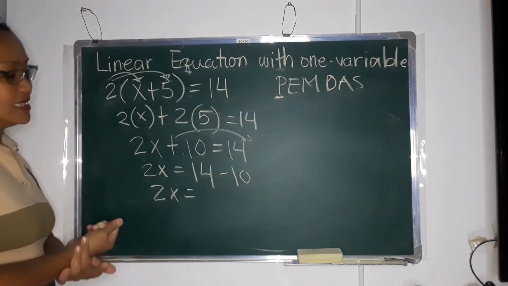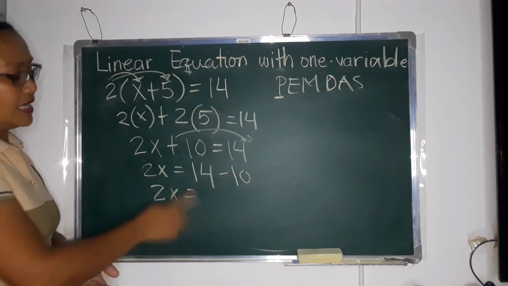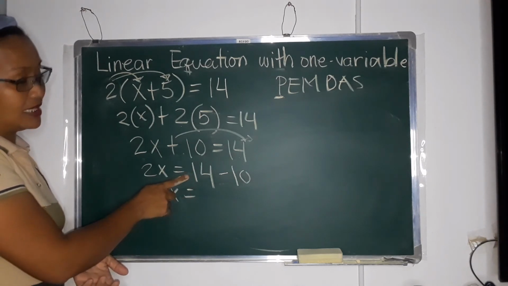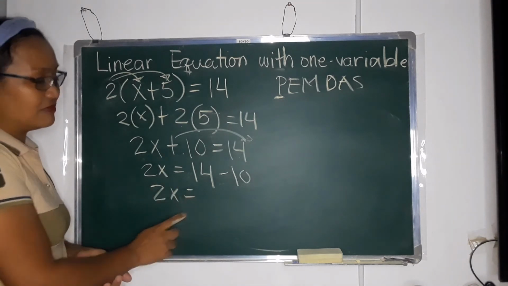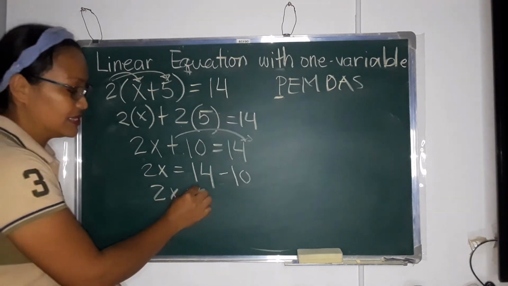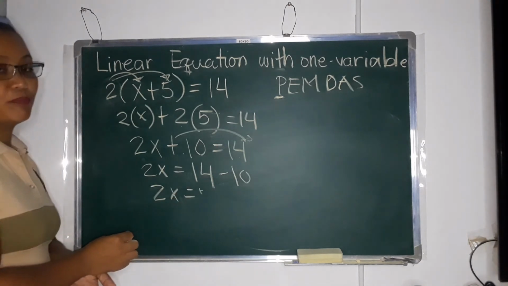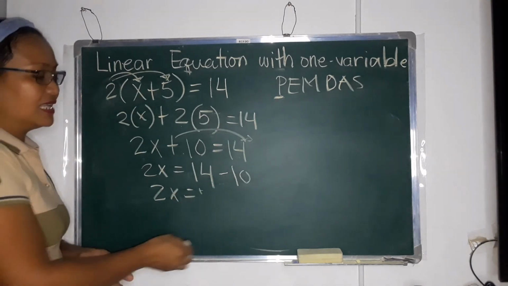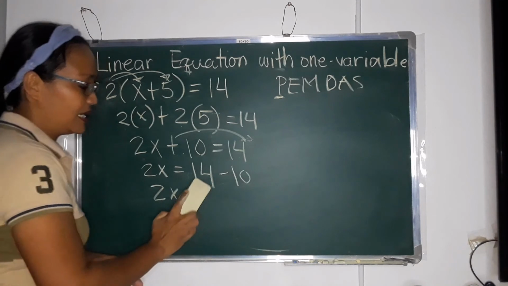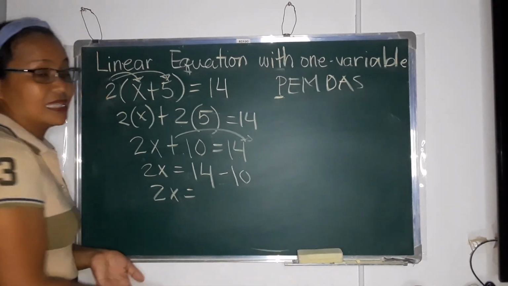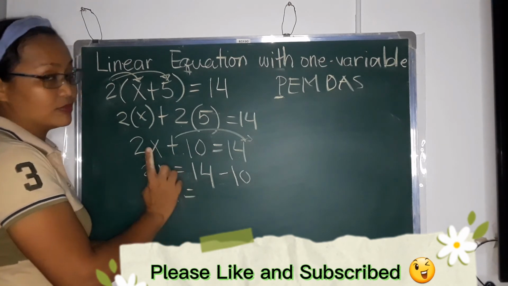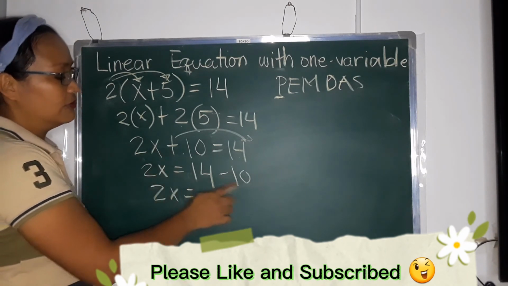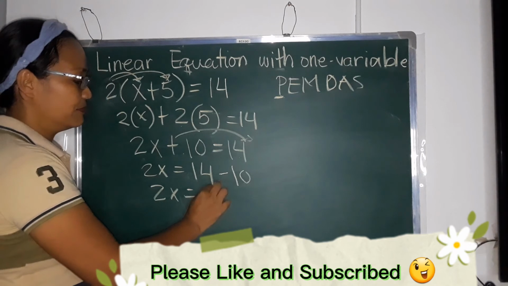So if you notice, the greater value is 14, which has a positive sign. So positive. You don't need to write the positive sign. If there's no written sign, then that is automatically positive. So positive, then subtract the numbers: 14 minus 10, we have 4.